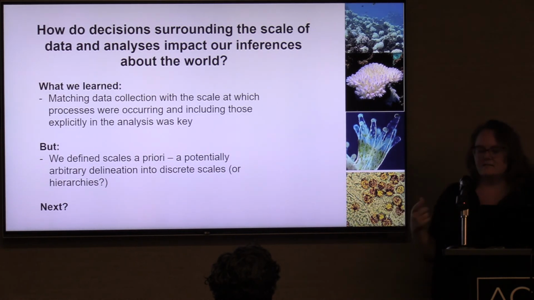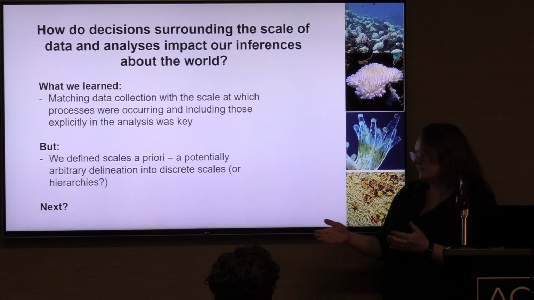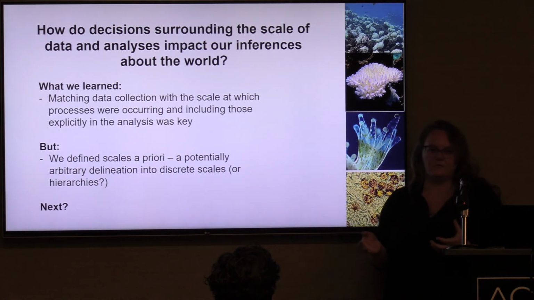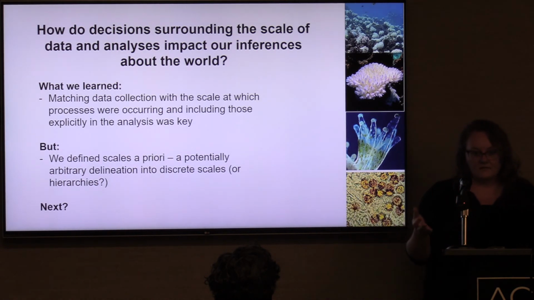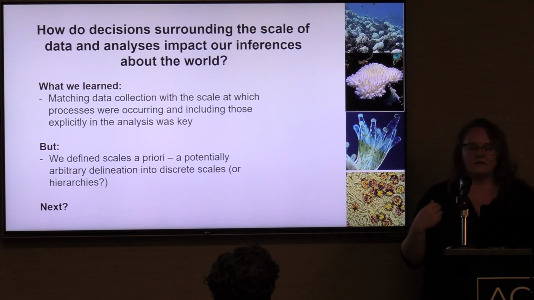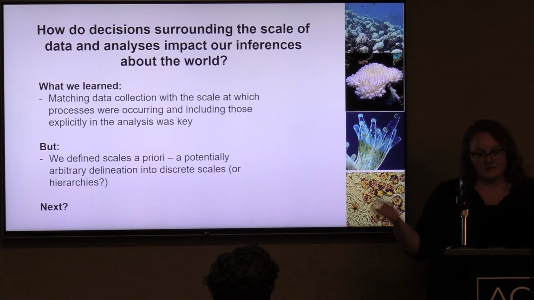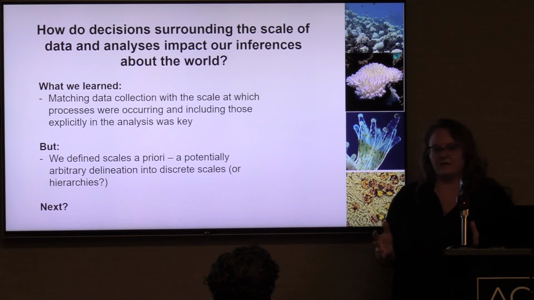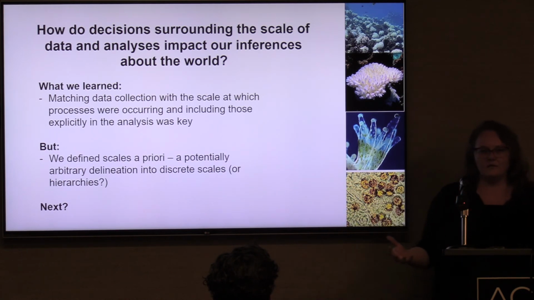I just wanted to hit that point a little bit harder based on some of the conversations we've had already, in that sometimes I think we're looking for the scale at which the process is occurring. Maybe we don't know. But in an example like this, in this ecological system, we have a pretty good idea of these scales to some extent, and so we can structure our questions around that. And it's just a different way of thinking about incorporating scale in analysis.